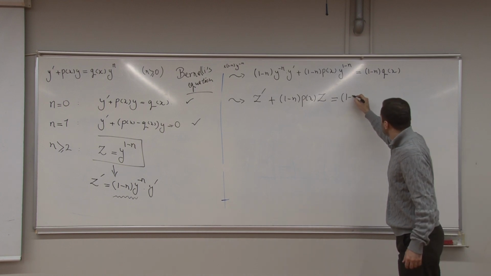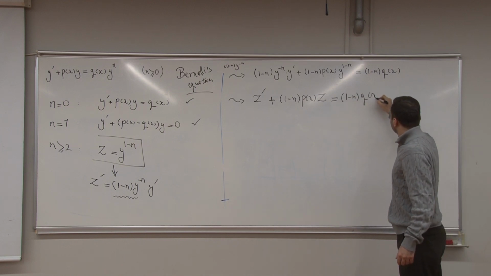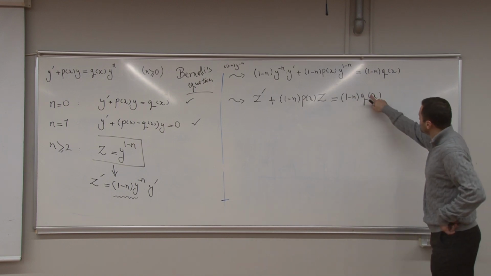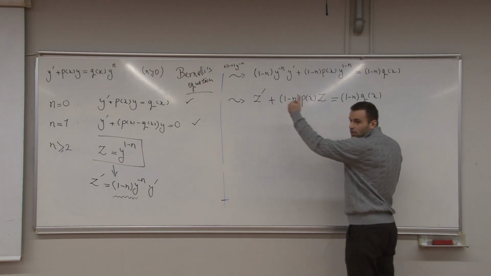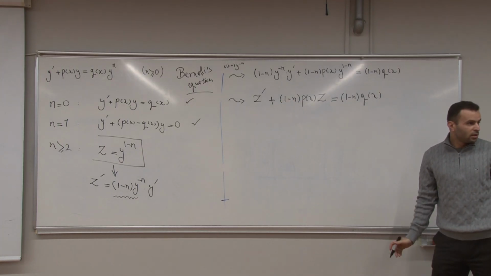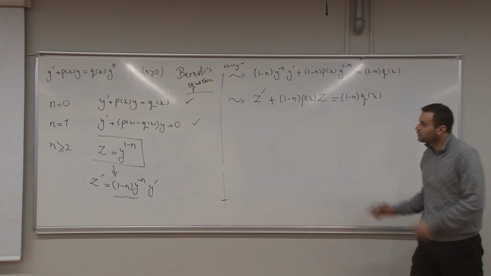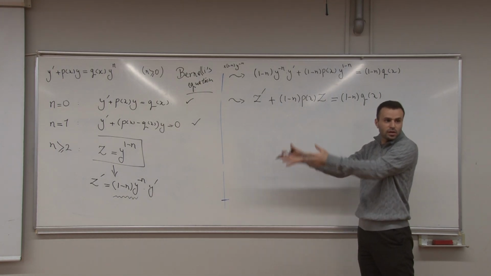And it stays as it is. Now, question. Is this a first order, linear, non-homogeneous differential equation of the variable z? Yes. Do we know how to solve this? Yes, we definitely know how to solve it, like what we have done with the rest of them.